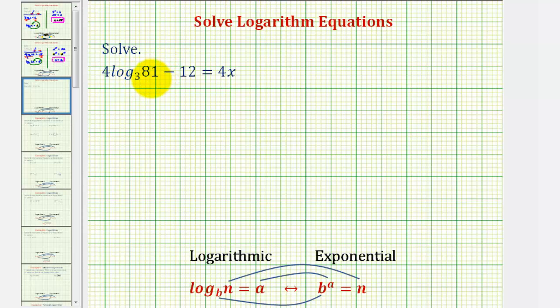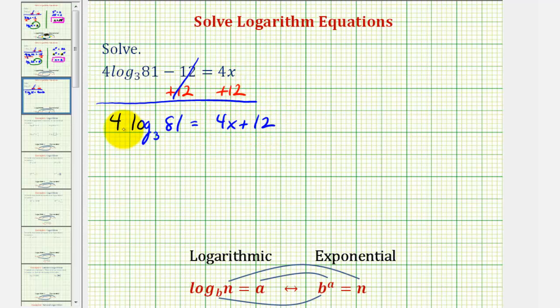So we can actually solve this two ways, but for consistency, let's first solve it by isolating the logarithm and then writing the log equation as an exponential equation. If we want to isolate log base 3 of 81, we'll add 12 to both sides. So this would give us 4 log base 3 of 81 equals 4x plus 12.